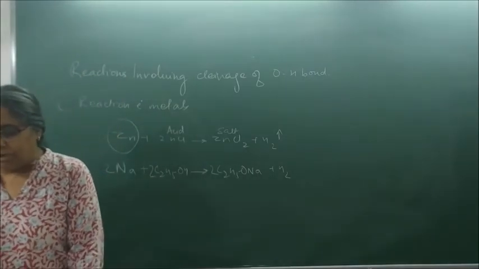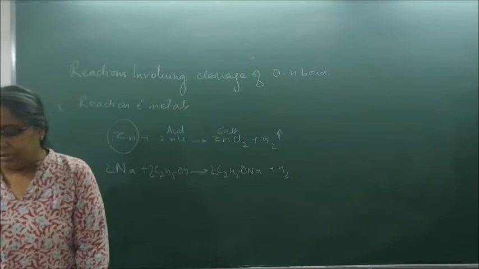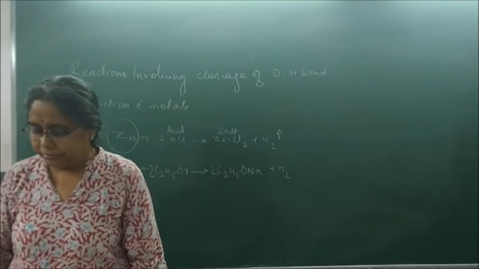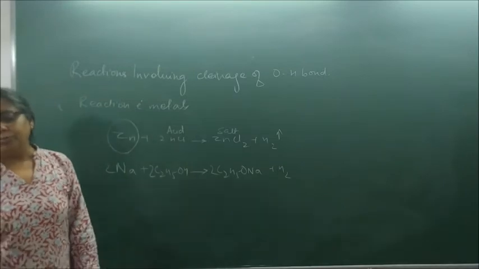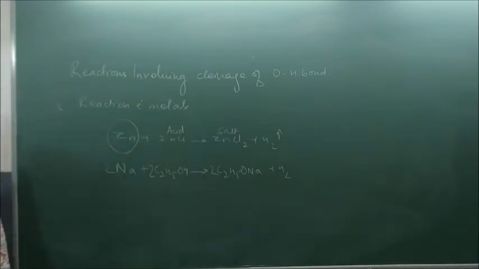The reaction of metal shows the acidity of alcohols and phenols. So what are we trying to prove? We are trying to prove that alcohols and phenols are what in nature? Acidic in nature.